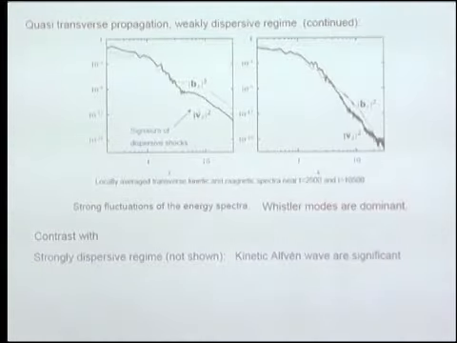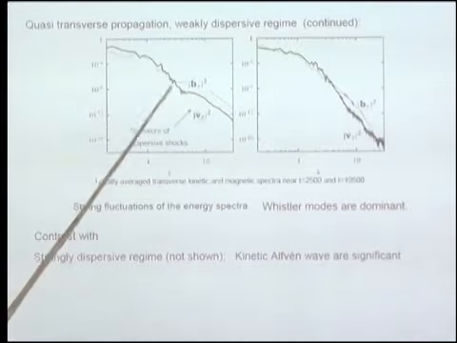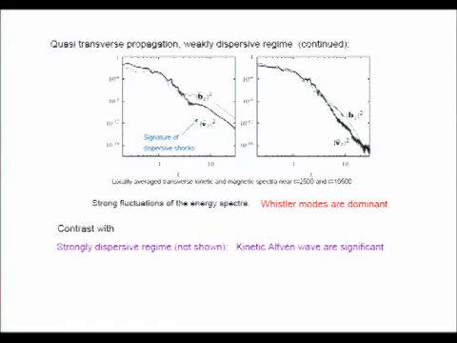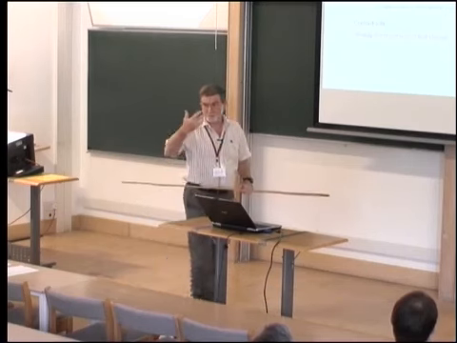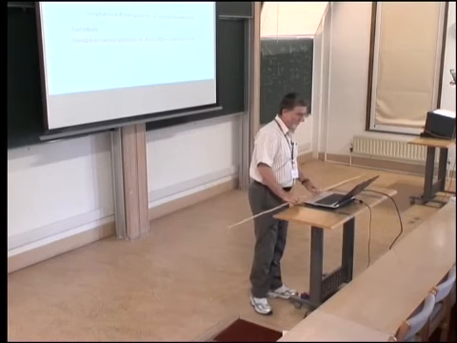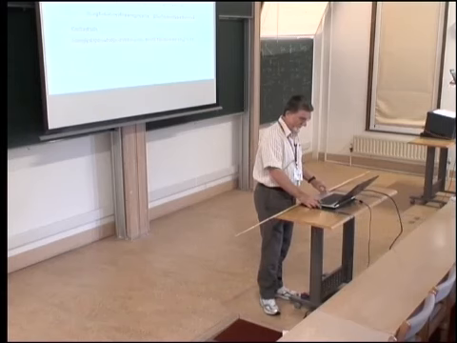And at these scales, if you perform a frequency analysis, you really show that the Whistler waves are dominant in this situation. But if you, again, force your system at smaller scales, then the kinetic Alfvén waves, or the associated branch to it, seems to have a significant amount of energy.